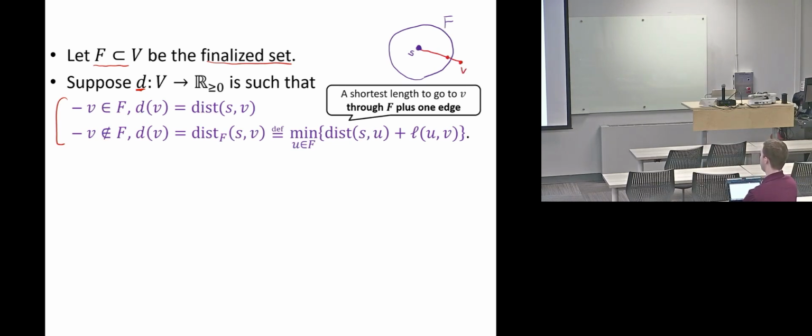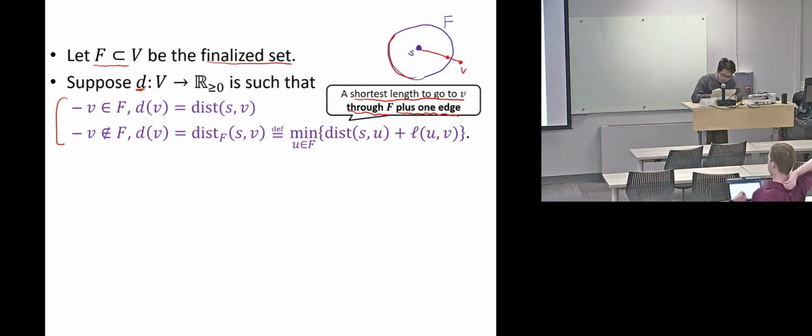How about the ones that are not finalized yet? The estimate of V is going to be something that is not quite the distance, but is the distance from S to V with respect to F. What do I mean by that? This is just the shortest length to go to V through F plus one more edge.